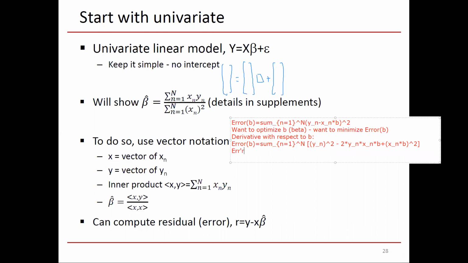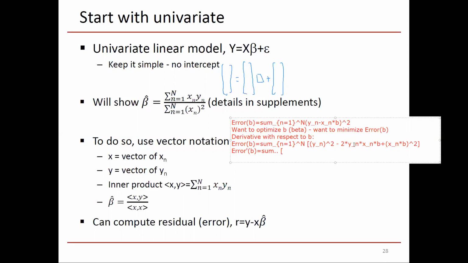So error prime of b, prime for derivative, is again the same summation as before. And now let's think about the derivative of the first term. Well, beta doesn't appear in the first term. Yn squared is independent of beta.